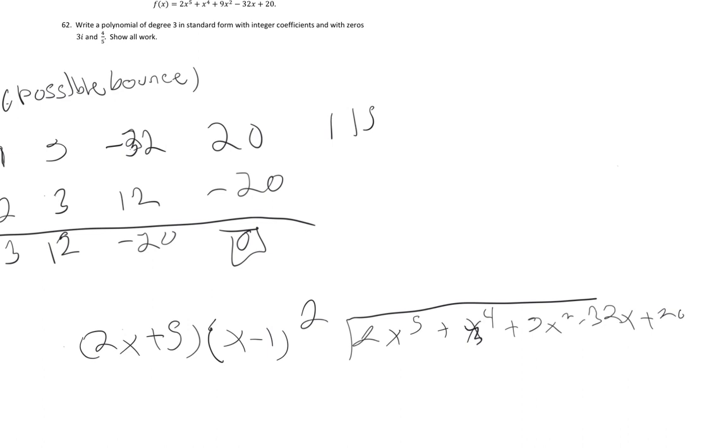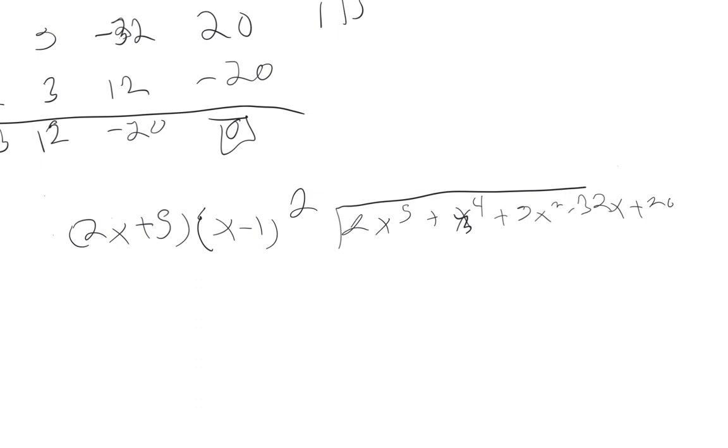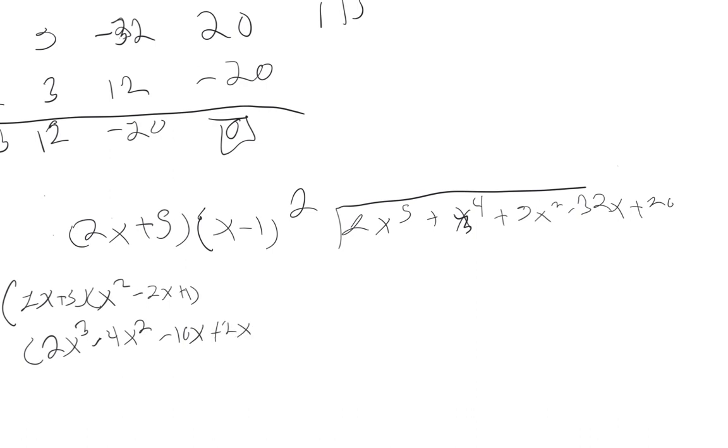And then we're going to do, oh my gosh, we need to rewrite this in standard form, right? So these are the correct roots, but we want to write it in standard form. This is 2x plus 5, x squared minus 2x plus 1. This is 2x cubed minus 4x squared minus 10x, and then plus 2x plus 5x squared.